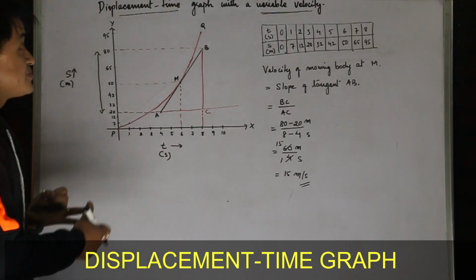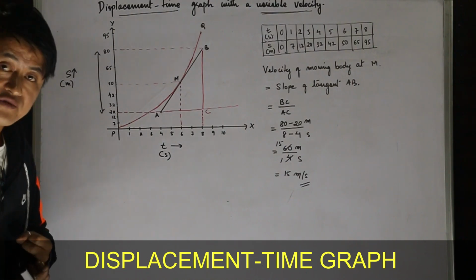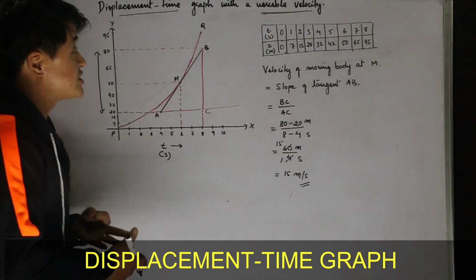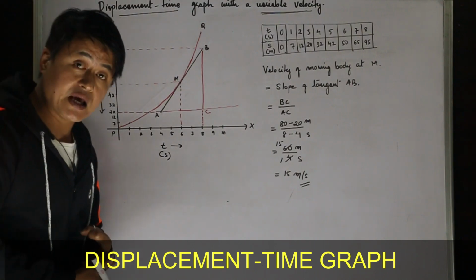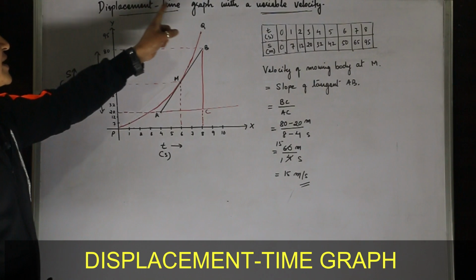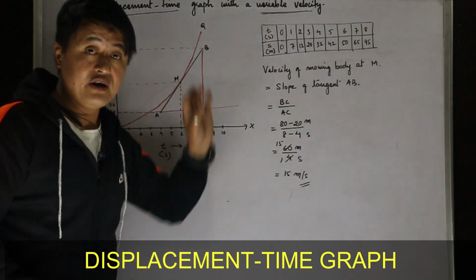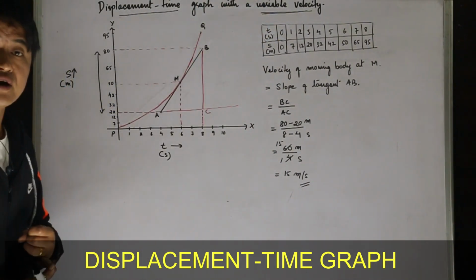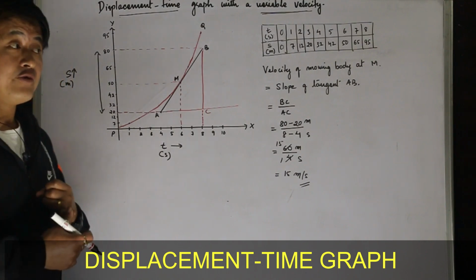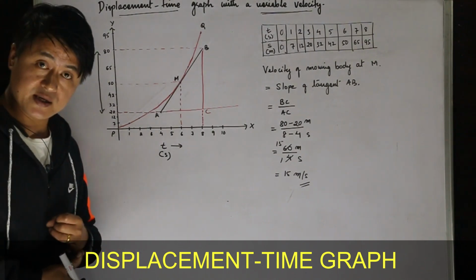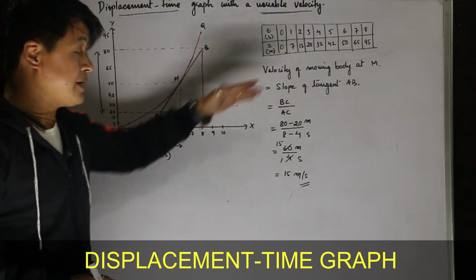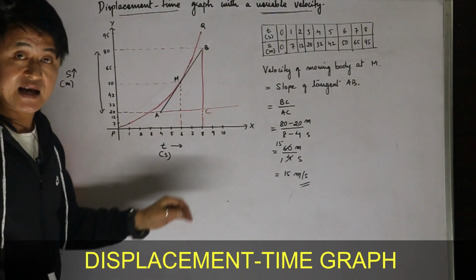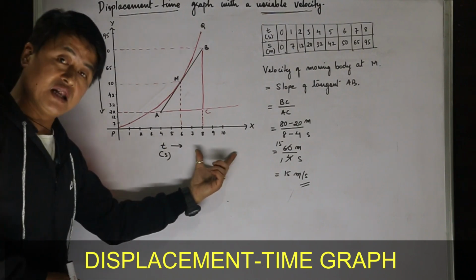So far, we have done displacement time graph for a variable velocity. We have done displacement time graph with uniform velocity. We have done velocity time graph to find the positive and the negative slopes, and now this one, displacement time graph with the variable velocity. From here we can conclude that when a body is stationary, then the displacement time graph is a straight line parallel to the x-axis or the time line.